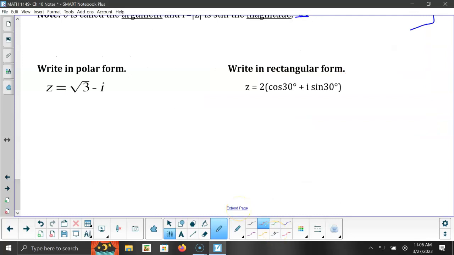Now we got two examples. Do we want to start easy and then go to more difficult? Okay.